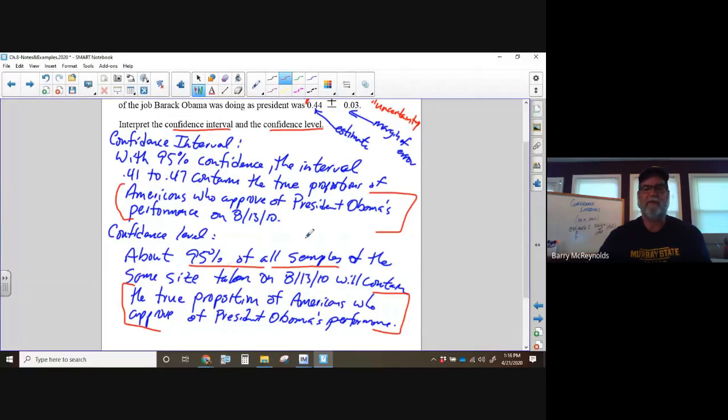About 95% of the samples of the same size taken on this date will contain the true proportion of, I don't know, blue poker chips in the bucket of red and blue. Whatever the context is, all you do is you add it after this opening statement here. So make sure you understand pretty well how these two things work together, and how they are fundamentally different.